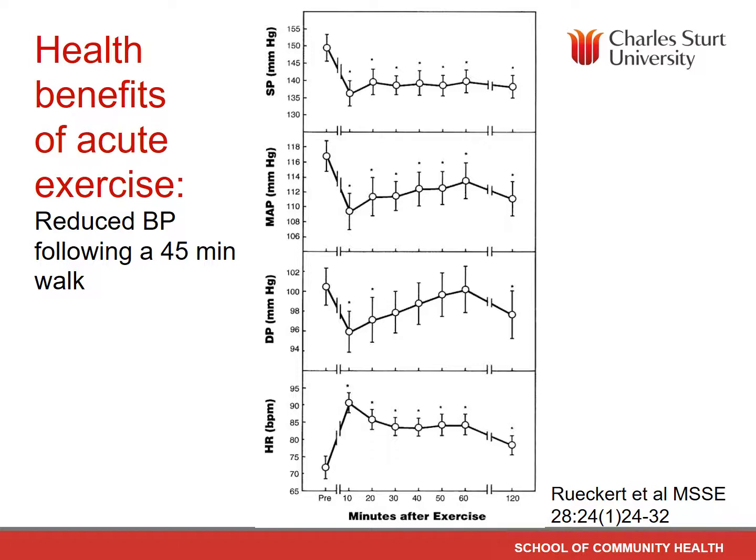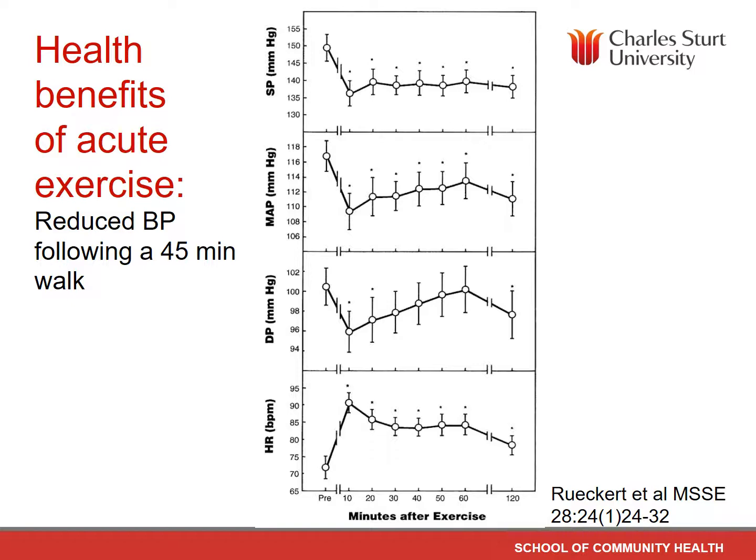And after a bout of exercise, in this study a 45-minute walk at 70% of their max heart rate, all values post-exercise were decreased. Systolic pressure remained lower for up to 2 hours, and there have been studies to show that even after 22 hours, systolic blood pressure stays lower.